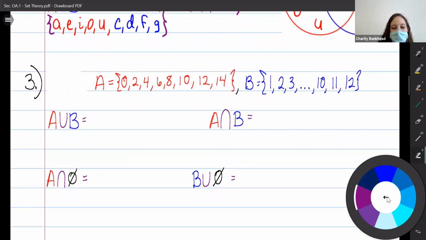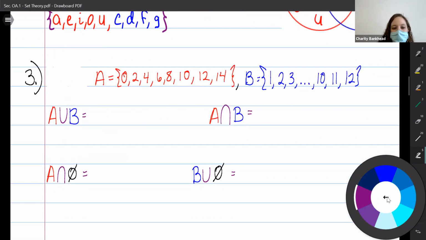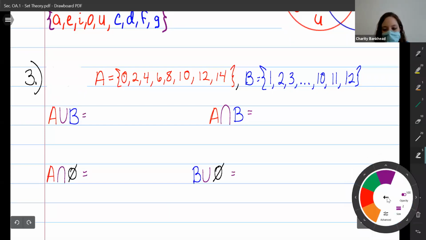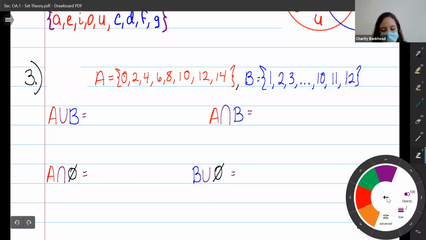All right, for A we have 0, 2, 4, 6, 8, 10, 12, 14. And B is 1, 2, 3, 4, 5, 6, 7, 8, 9, 10, 11, 12. I always like to start with the intersection because it's smaller. What elements would be in the intersection?